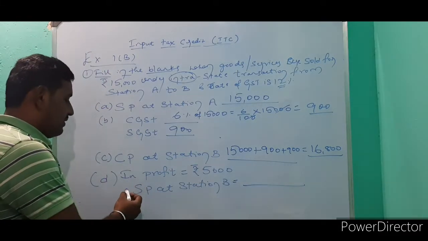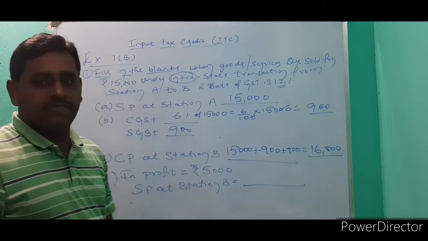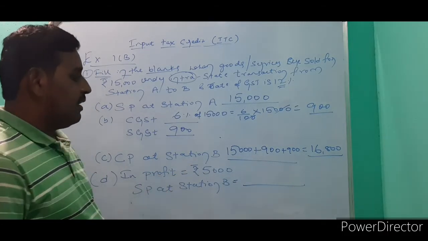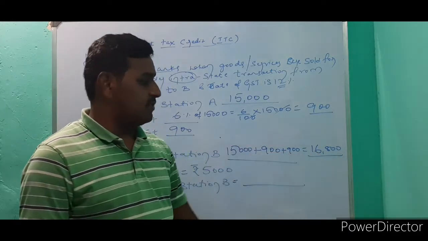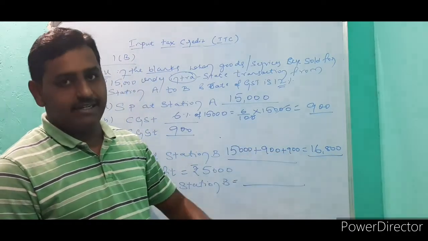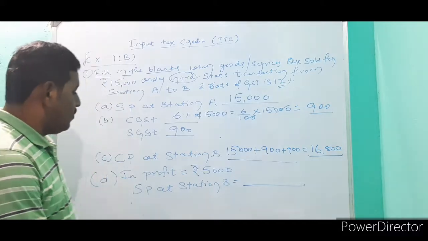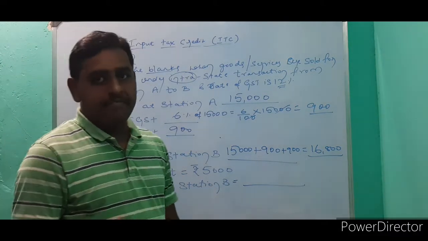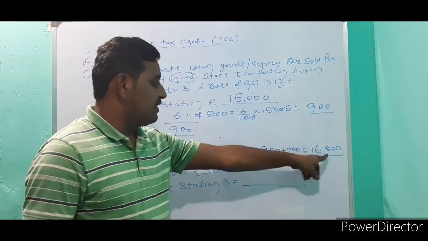Then they are given a profit of rupees 5,000. So what is the selling price? B is getting at 16,800 after adding GST. Now B wants a profit of an extra 5,000 on this price.